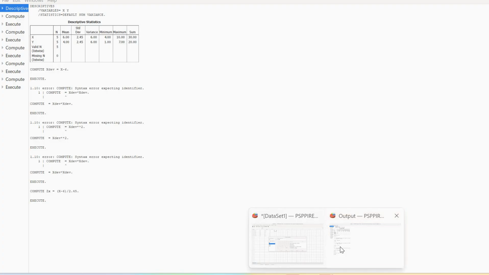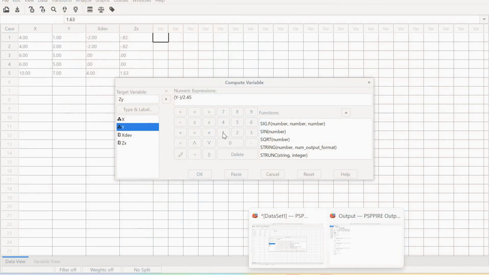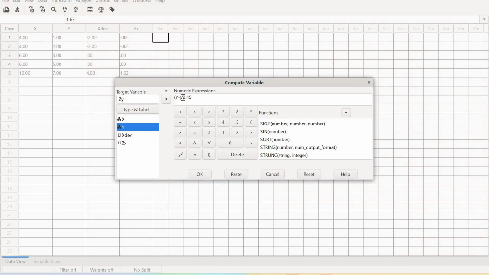The mean for y is 4. Standard deviation the same, 2.45. So I have to change the mean. y minus 4 divided by the standard deviation. The standard deviation happened to be the same for both variables. I set it up to make it easier to calculate.